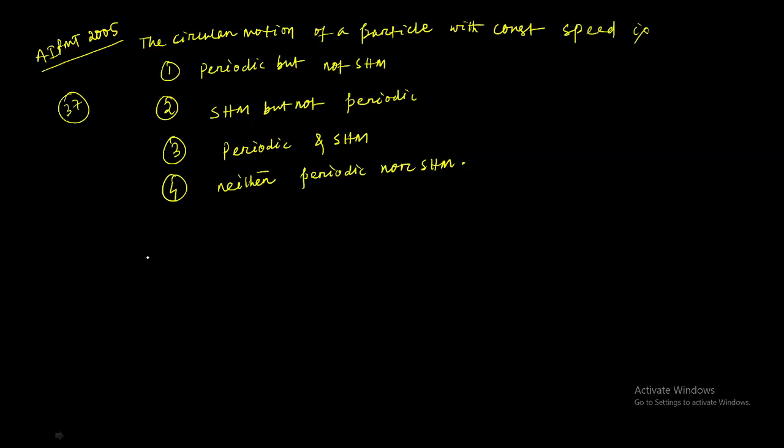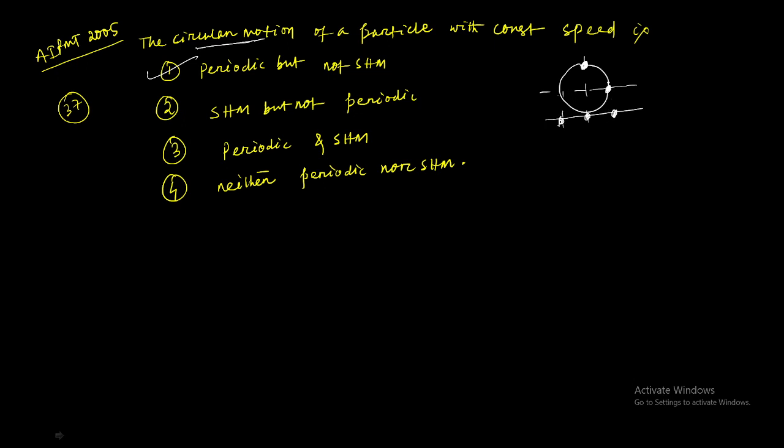Now 37 number question. The circular motion of a particle with constant speed is. So circular motion it is doing. So it is periodic, right? Not SHM. Because if this is a uniform circular motion with constant speed, this is your equilibrium position, this is your extreme position, this is another extreme position.